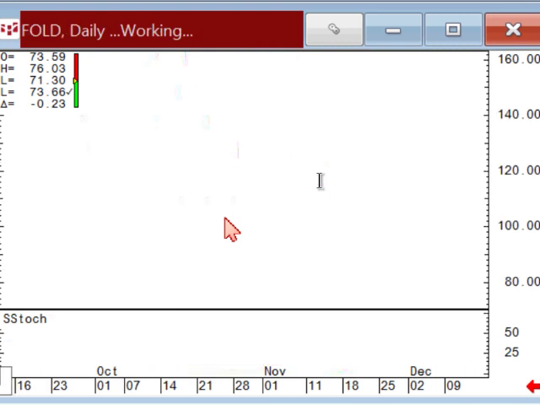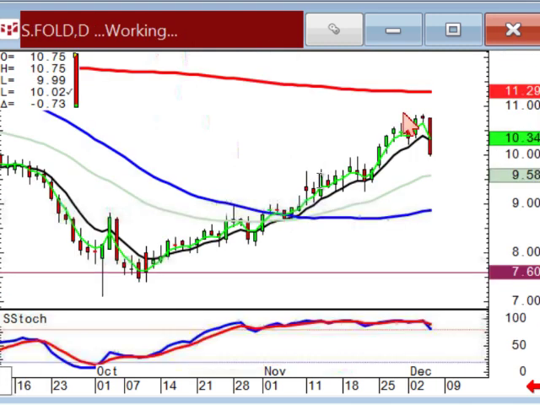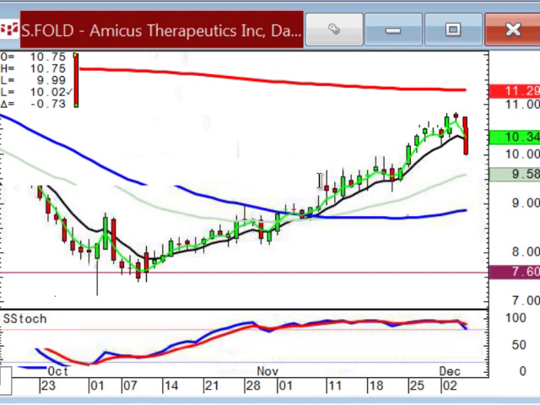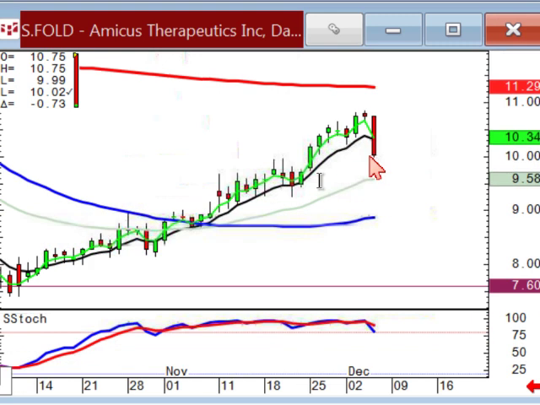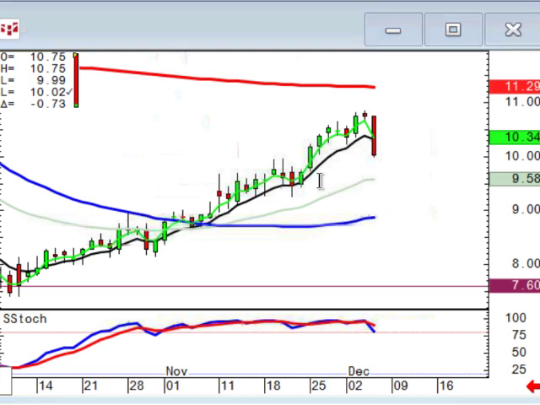So the shorts, there's an evening star signal on Fold. If this opens lower tomorrow, what's your next target expectation? Back down to the 200.